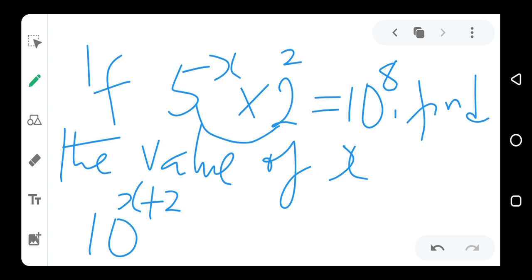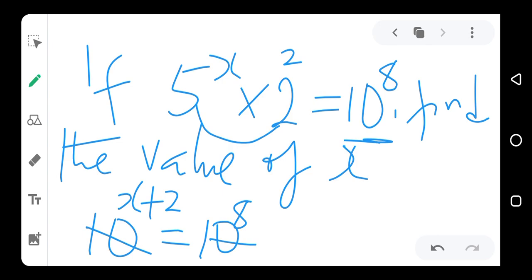Now, if the bases are equal in indices, we cancel them and then equate the powers.